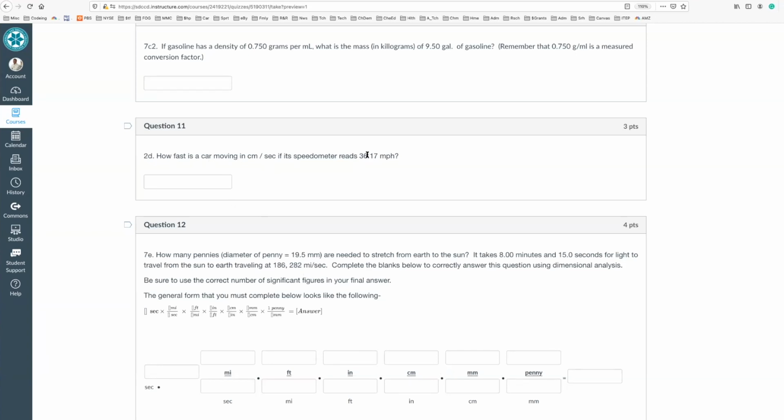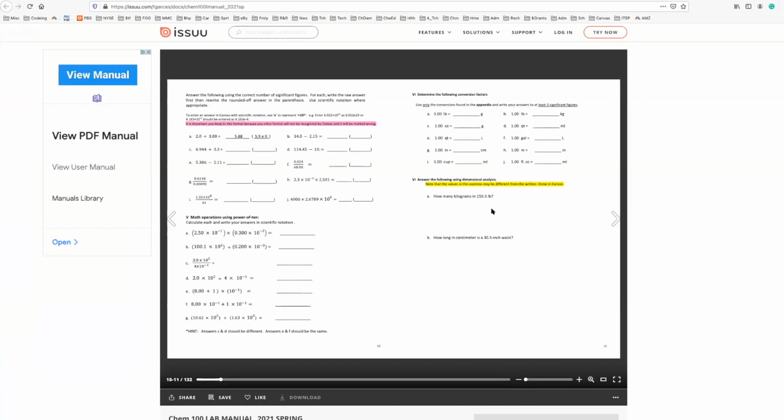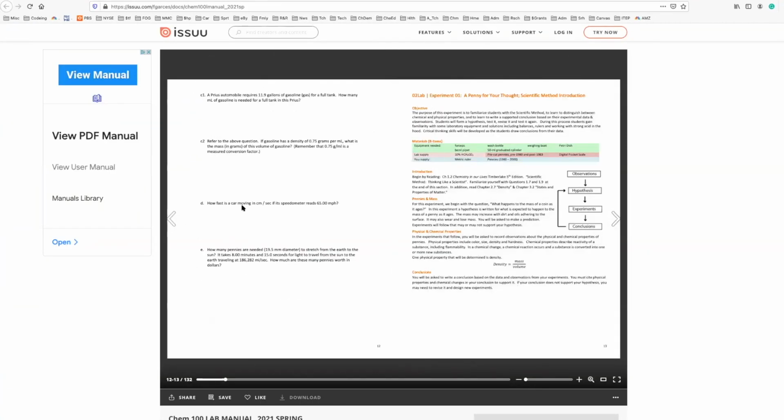But be careful, because see this number 36.17, that's not the number that you have in Canvas. If you look at this one right here, this problem is 65 miles per hour.